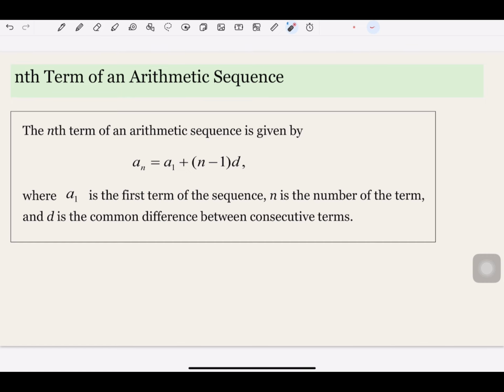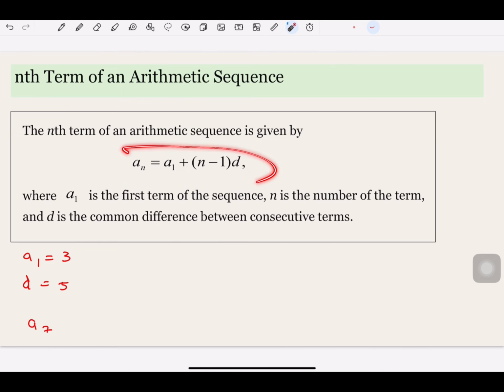Okay, let's try some examples. Let's say we have a sequence where the first term is a1 equals 3 and the common difference is 5. You want to evaluate the 7th term, a sub 7, without evaluating all the terms in between a1 and a7. You can use this formula to calculate a sub 7 directly.